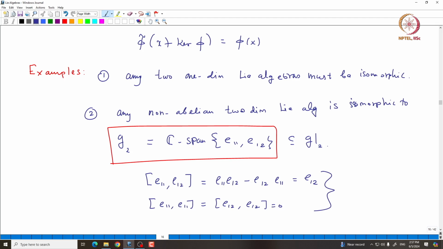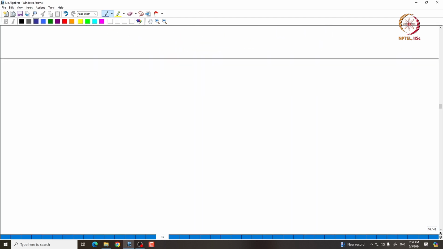Okay. Now we will define the most important objects in the structure theory of Lie algebras, which are called simple Lie algebras. So, what is a simple Lie algebra? A Lie algebra G is said to be simple.